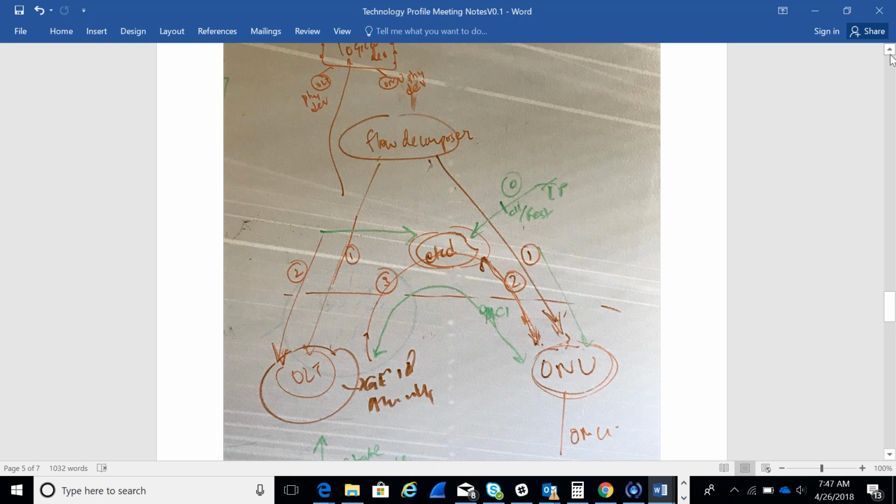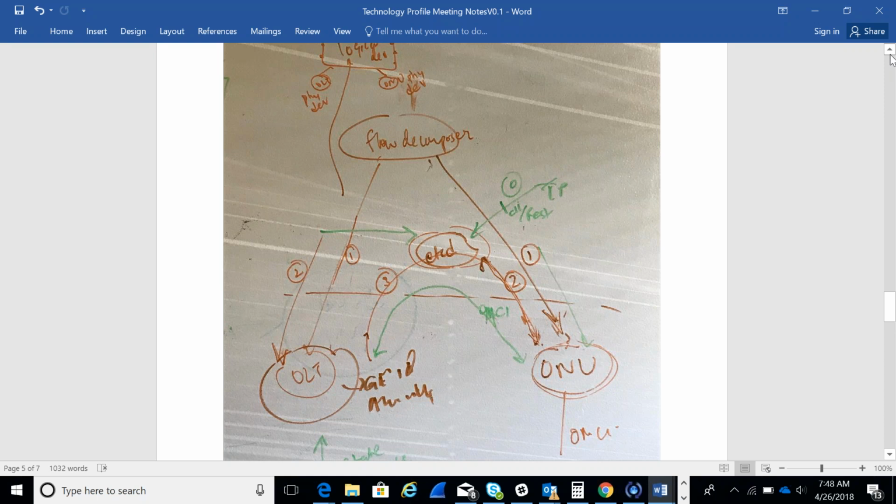The OLT is responsible for getting the technology profile and creating an instance of that profile. So basically, the OLT uses its own internal resource manager for TCON, GEM, port IDs, ALLOC IDs, ONU IDs, and it's responsible for creating an instance of a profile.